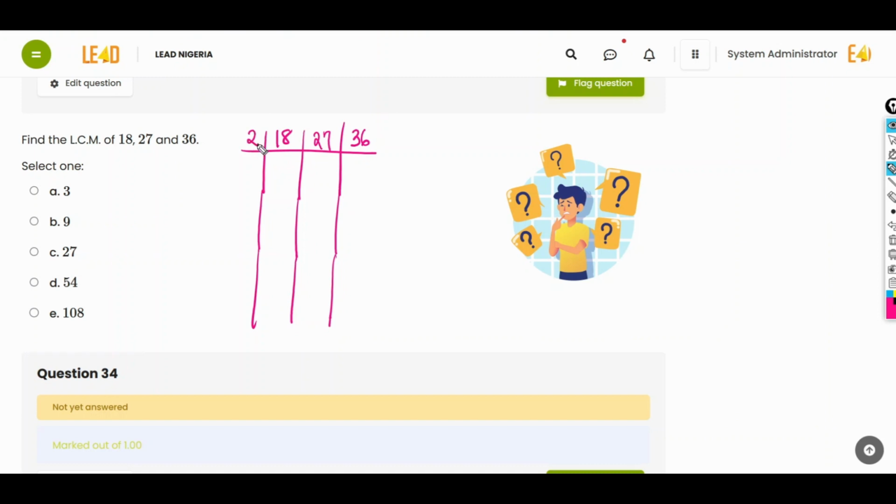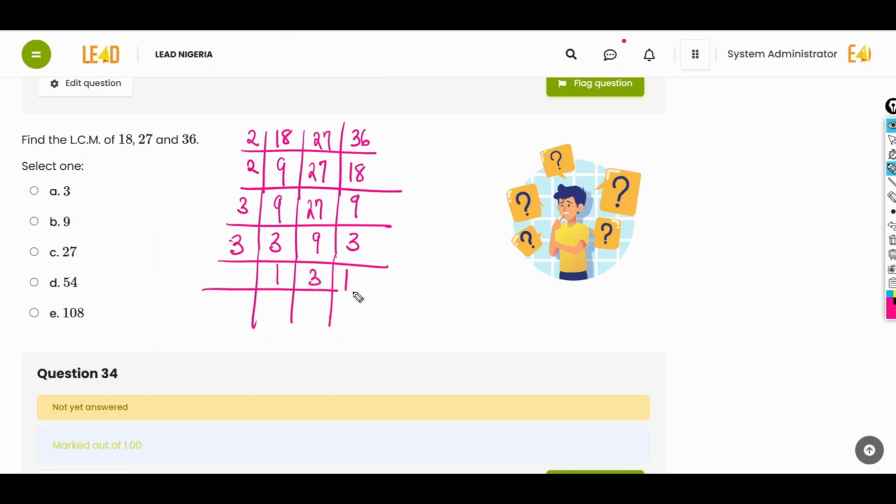All right, so we can use 2. 2 in 18 is 9. 2 in 27, just put down 27. 2 in 36 is 18. We can still use 2 again. 9, 27, 9. Now we move on to 3, 3, 9, 3. Still use 3, 1, 3, 1. Finally, 3 goes 1, 1, 1.